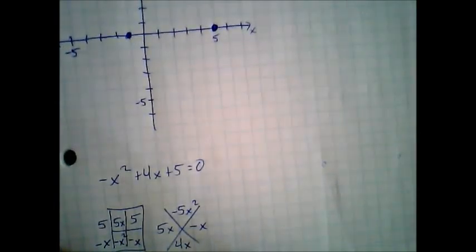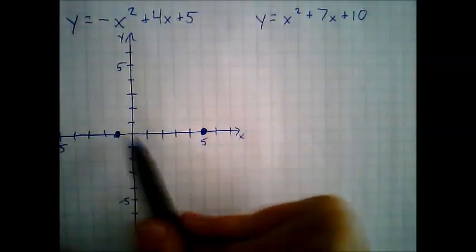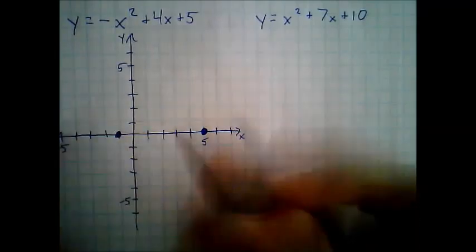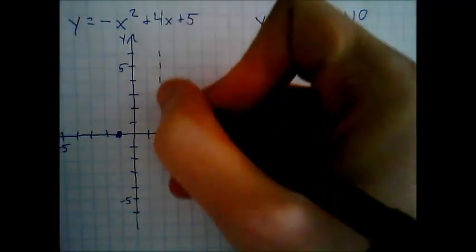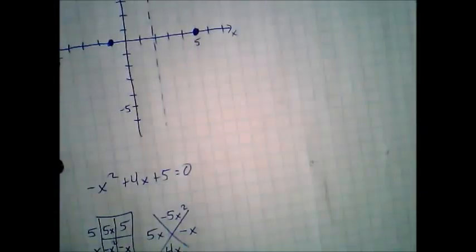Now our vertex. Okay, now we want to find our vertex. So we go, what's halfway in between these 2 points? So we kind of just go to the middle. That's here when x equals 2. So I'm going to substitute 2 into my rule.